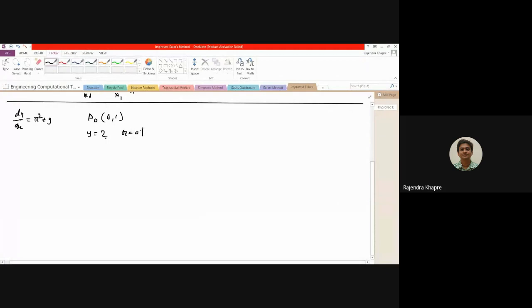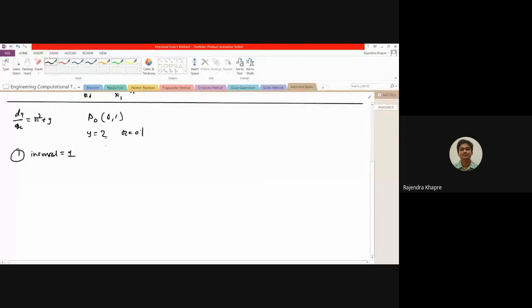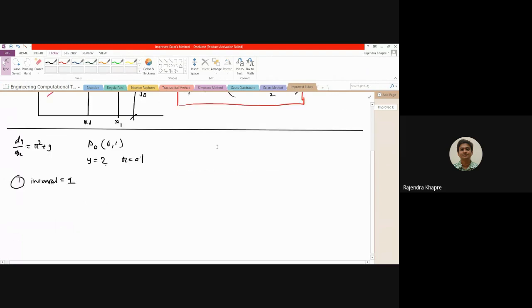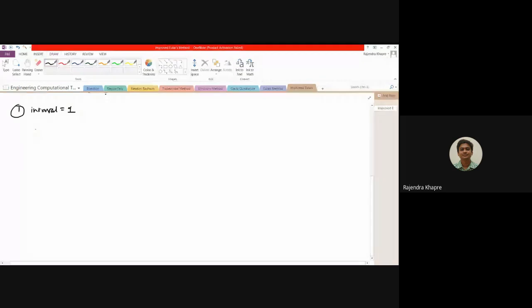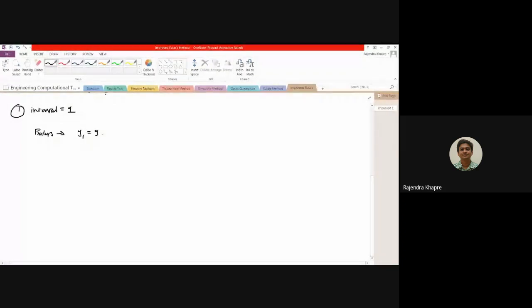Now if I take only one interval, in short, first of all I need to locate the value of p1 using the Euler's method. So Euler's method: y1 equals y0 plus h into function of x0 and y0.